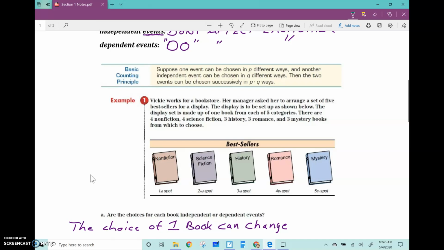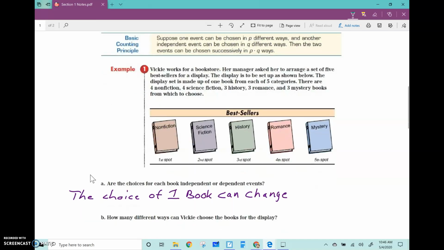All right, so let's go to example 1, and I'll pause for a minute so you can read the choices, or just hit pause on the video notes and you can read this question. After you're done reading it, they have a couple of questions we need to answer. Are the choices for each book independent or dependent events? These are independent events because the choice of one book can change.